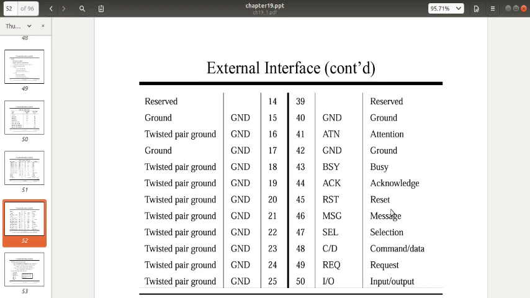There will also be other details, other requirements for establishing and maintaining a proper connection. So when it comes to parallel ports, some lines will obviously be used for the data transfer, but the remaining ones will be used for other control and command purposes.